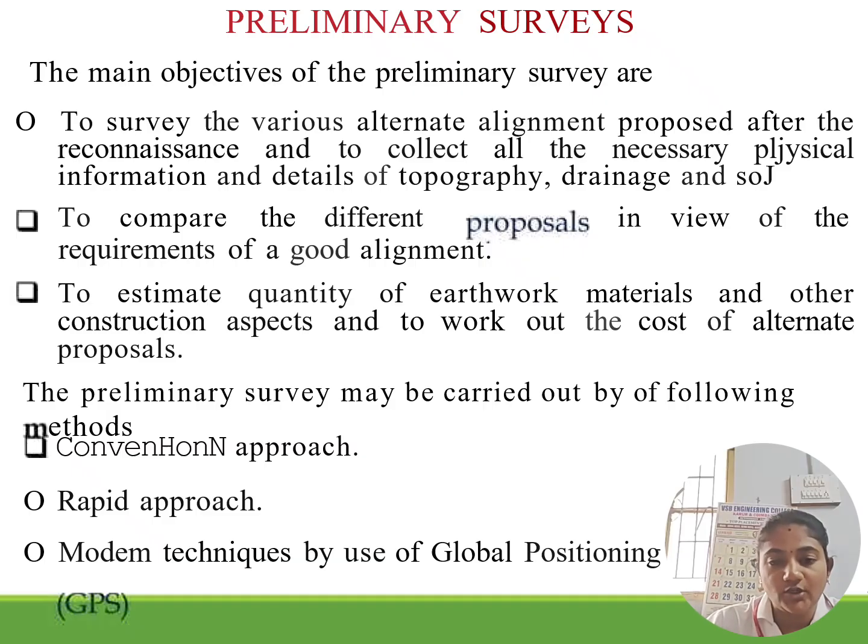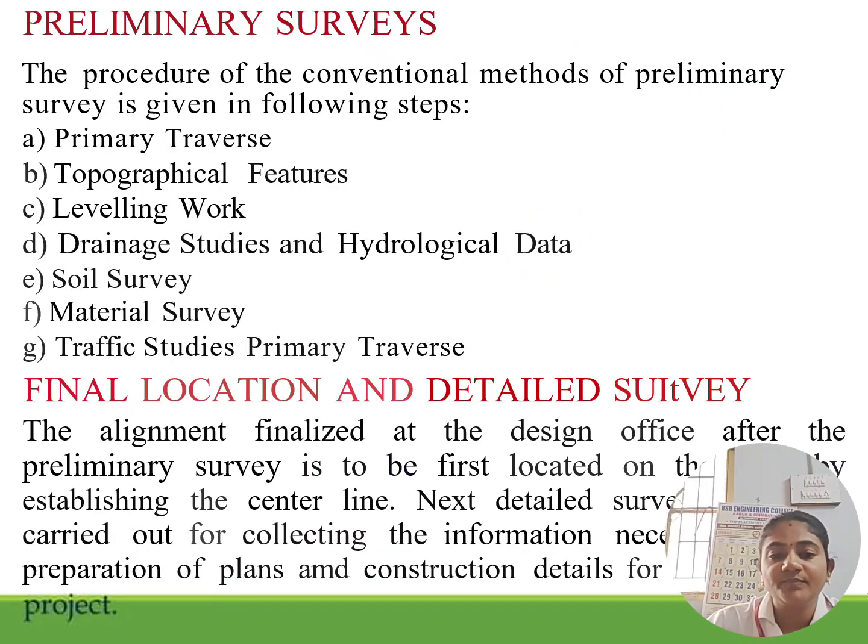Those are topographic, drainage and soil surveys to compare the different proposals in view of the requirements of a good alignment. The preliminary survey may be carried out by the following: conventional approach, rapid approach and modern techniques. The preliminary survey includes the following steps: primary traverse, topographical features, leveling work, drainage studies, soil survey, material survey and traffic study.